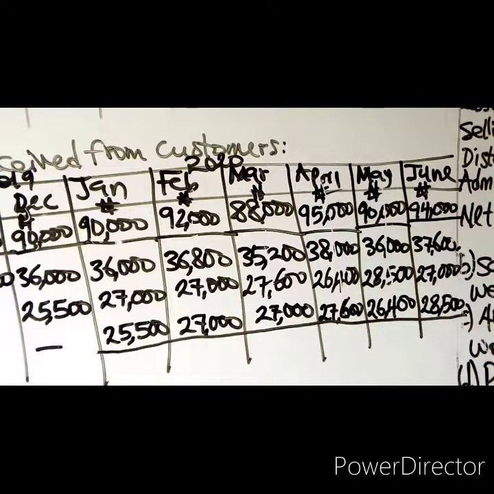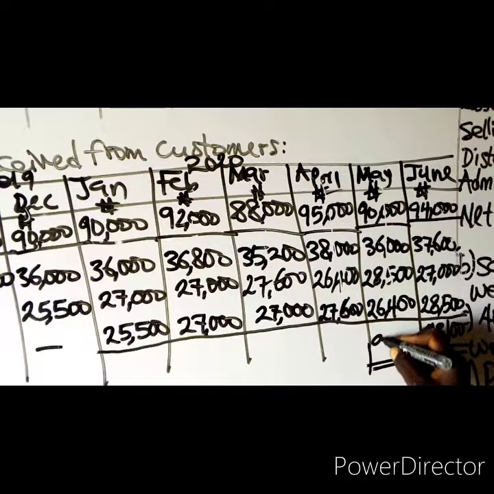Then you have 93,100. That of May, we have 36,000 plus 28,500 plus 26,400. Then we also have 90,900.